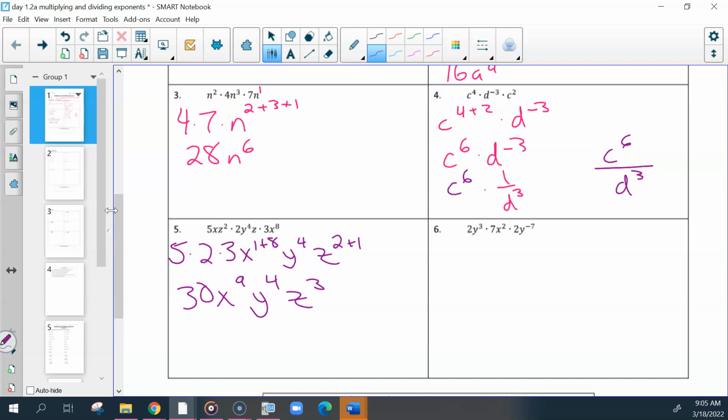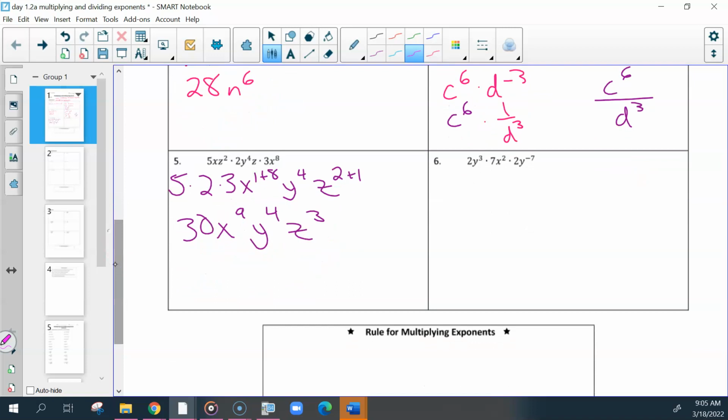Number 6 is going to be solved similarly. So now we have a 2 and a 2. Since those are the same base, I can say that's the same thing as 2 to the 1 plus 1 times 7. We have 1 x and we have 2 y's. So times x squared times y to the 3.